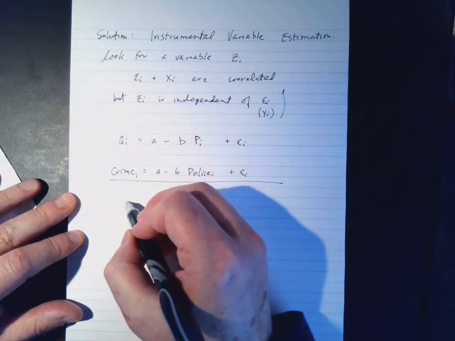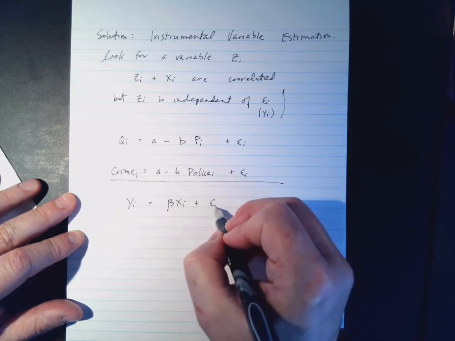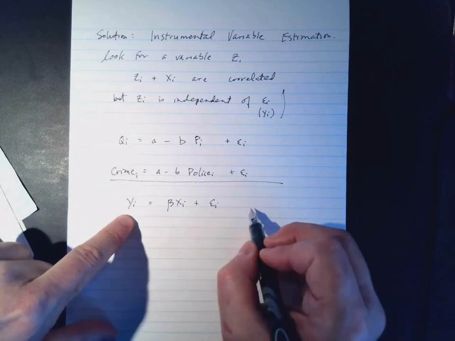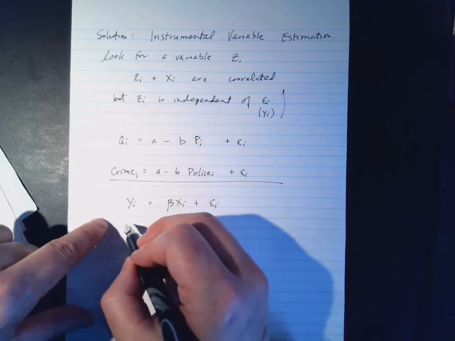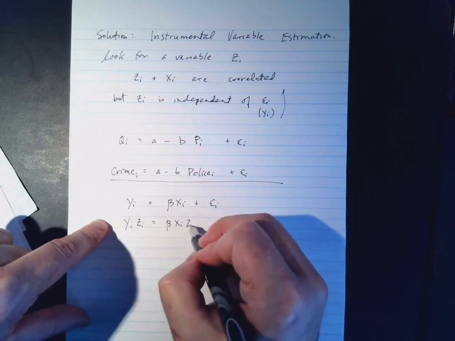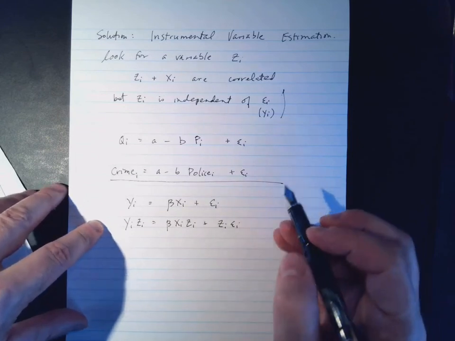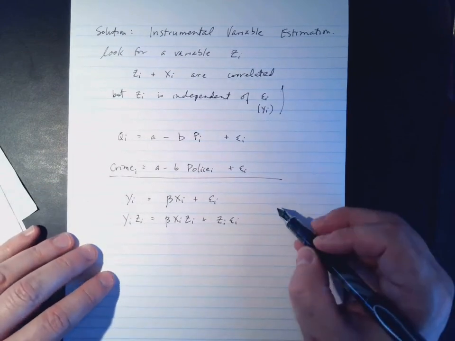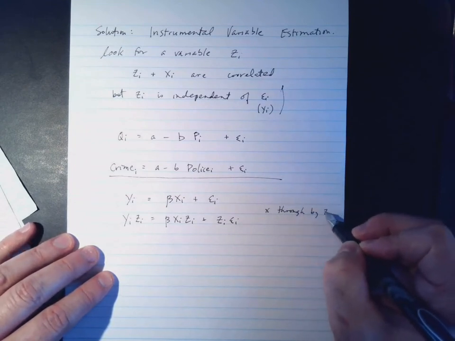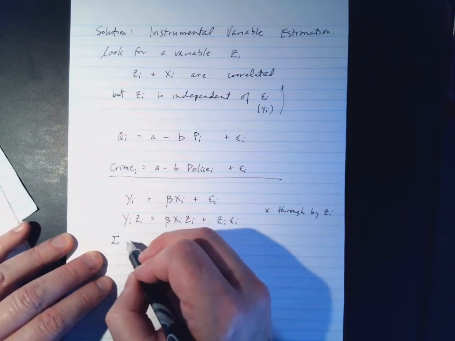So let's go back to our regression model. And we're going to multiply both sides of the equation by z. So we'll have y_i z_i equals beta x z plus z epsilon. Okay, so we've just multiplied through by z. And now we're going to add everything up on both sides, so add up across the sample.